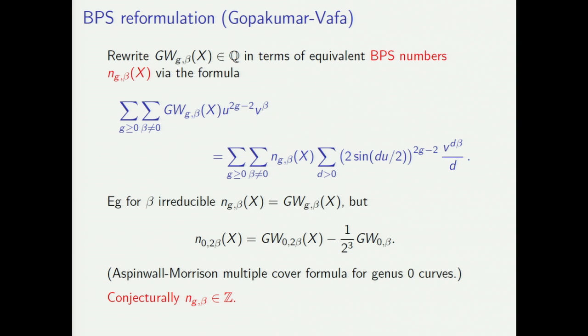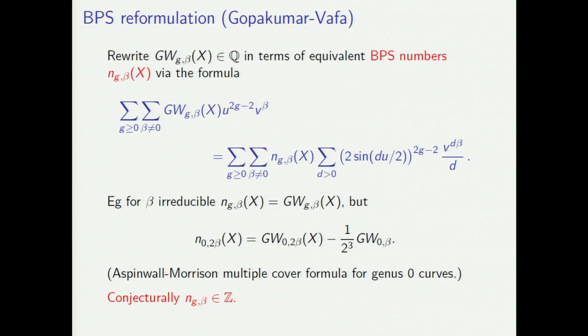You expect all your curves in half the class to contribute as 1 over 2 cubed by double covers. So all the curves here in class beta get double covered and contribute 1 over 2 cubed to this number. And then what's left is all the curves which aren't multiple covers, which are irreducible. And that's what the BPS number counts. So you might think of the BPS number as counting irreducible, reduced, nice curves in X.